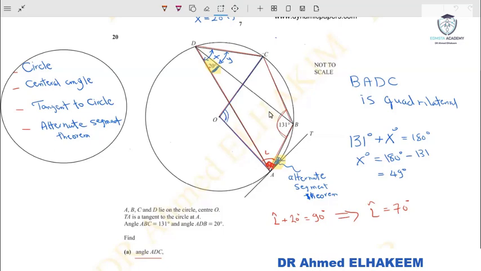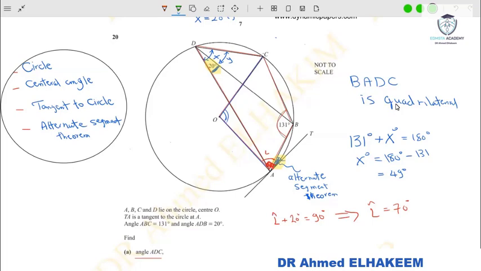So first thing we should think about, we search for what? The rule. Yes, the arc. Okay, this is our central angle. So we need to find angle ADC.